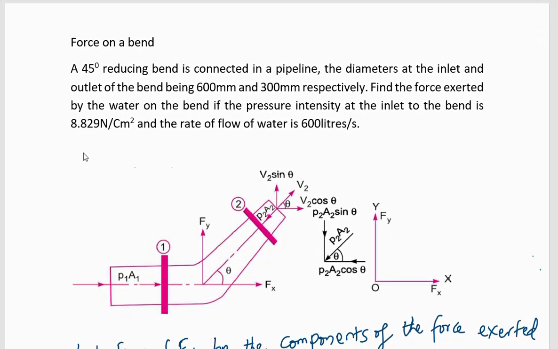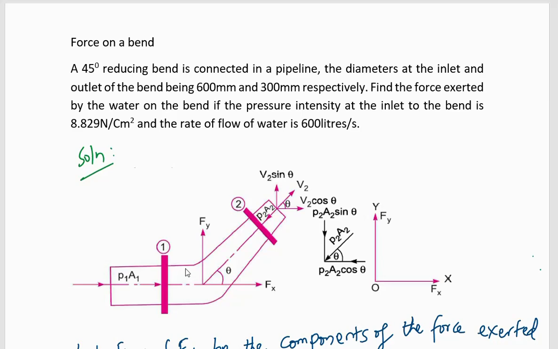When we look at the solution of this problem, this drawing is just simplifying the whole scenario, giving us the forces that are in play. We have a horizontal force due to pressure at P1. In other words, at section 1, we have pressure P1, and at section 2, we have pressure P2, and other parameters like area and velocity are also named according to the section in which the fluid is moving.